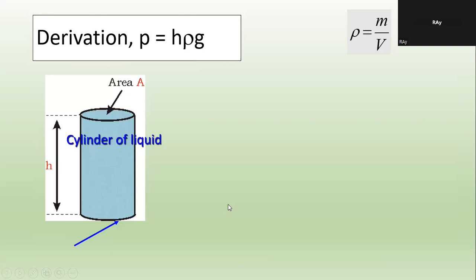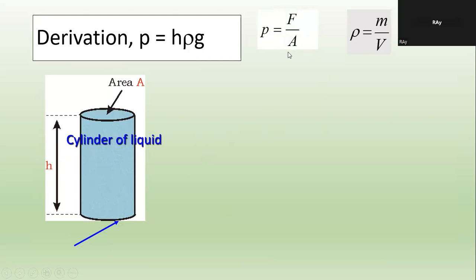Okay, let's derive P equals h rho g. Remember our definition for density. When deriving pressure, we have to use the definition, how we define it first. So we consider a cylinder of liquid of height h.